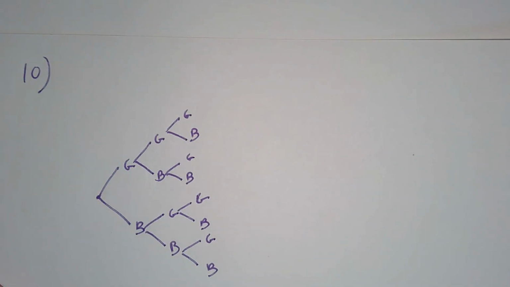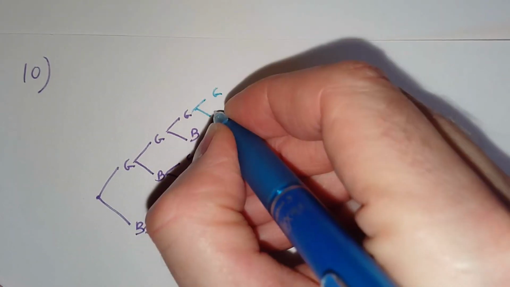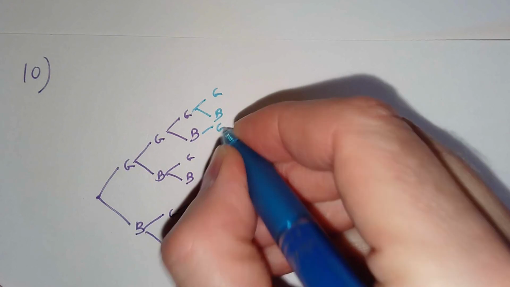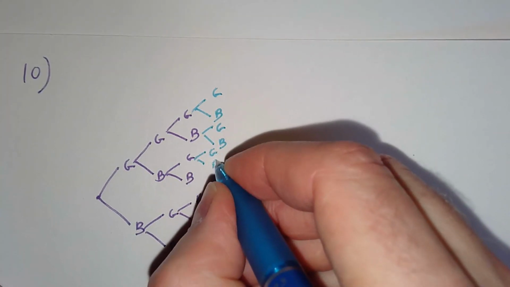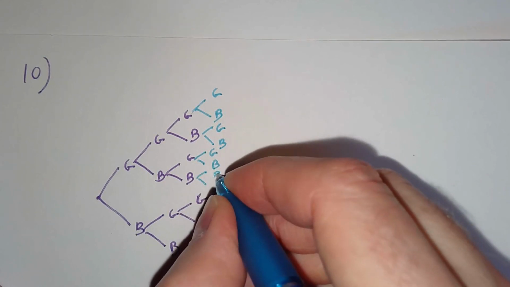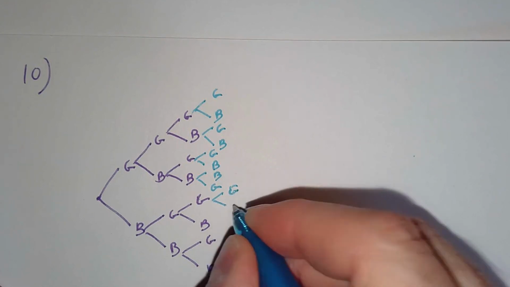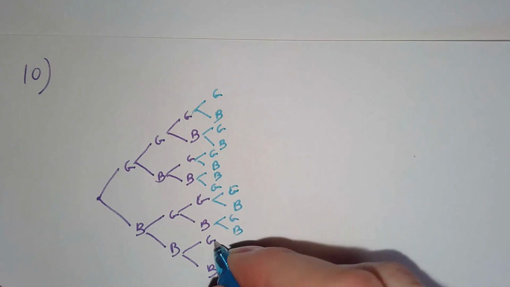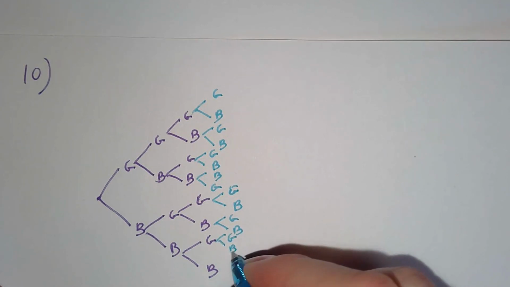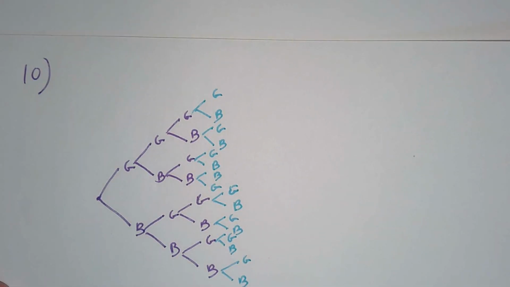And then finally, the last child can either be a boy or a girl. So it gives us a total of 16 things in our sample space.